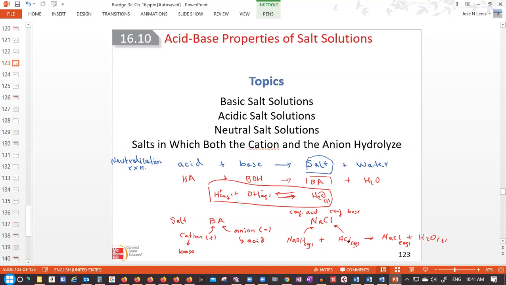Last time we said that strong acids make very weak conjugate bases, too weak to react with water. So no secondary reaction of this ion Cl minus aqueous with water. Remember, once this is formed in aqueous solution.